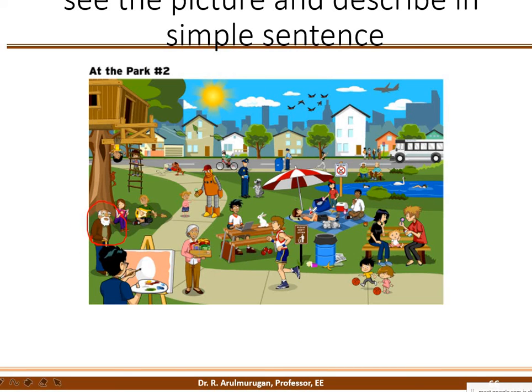One person is taking rest, the father is using the mobile phone, and the mother is doing some work. You start to explain after seeing this picture.